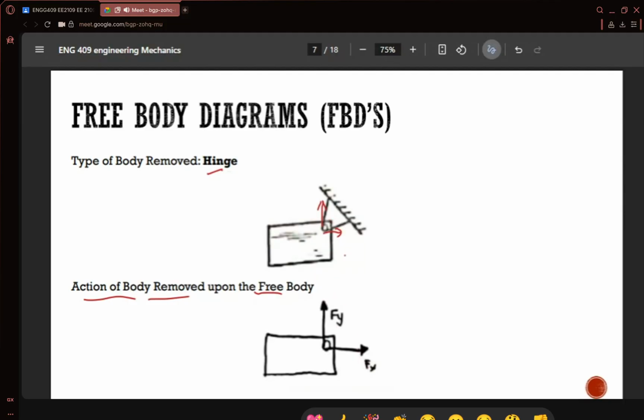Okay? So your support is actually towards here. It's like your hinge is pulling your body in this direction. This is the resultant of the hinge, let's say H, or F. This is your F, just like the tension earlier.